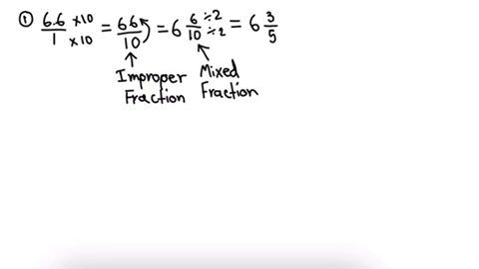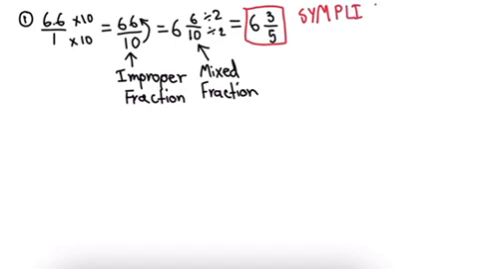And now we are done. This is our final answer, 6 and 3/5. So remember that always when you're doing a question, simplify, or else that's not the actual answer. If you don't simplify, then you will get a whole other number.